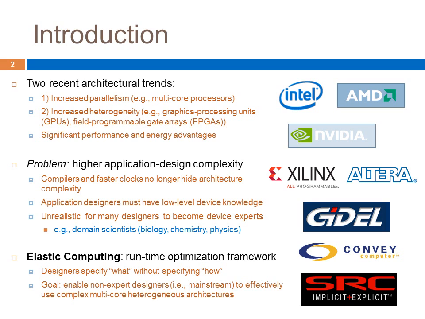And while this is okay for certain designers, it's unrealistic for many mainstream designers to become experts in every type of acceleration technology that may exist. One example of this is domain scientists. So people performing computational biology, physics, chemistry.